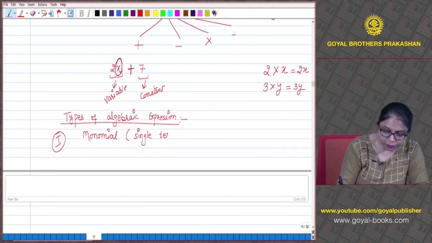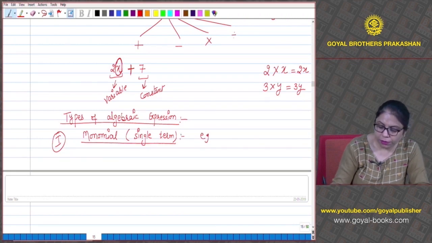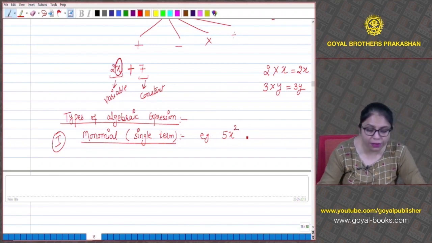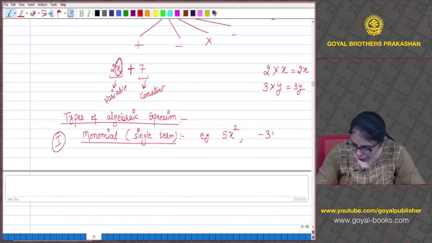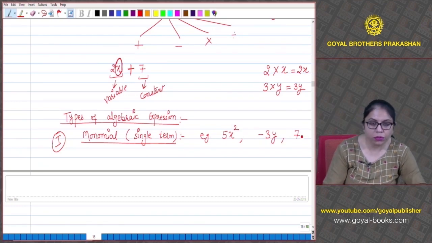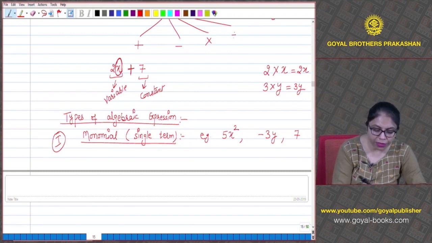Single term. Okay. Like 5x square. This is single term. Minus 3y. This is also a single term. 7. This is also a single term. So if we are writing single term, then it is known by monomial term.